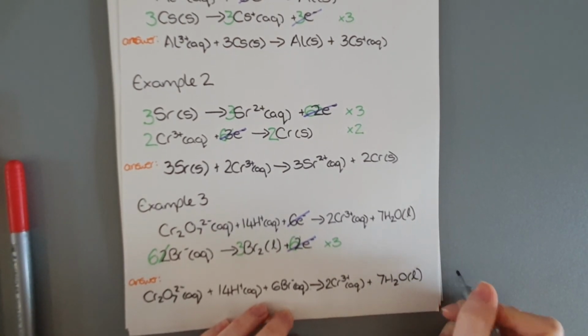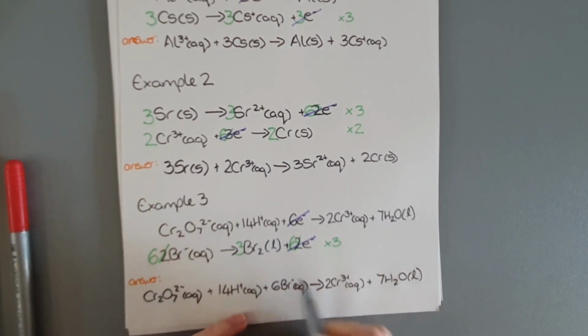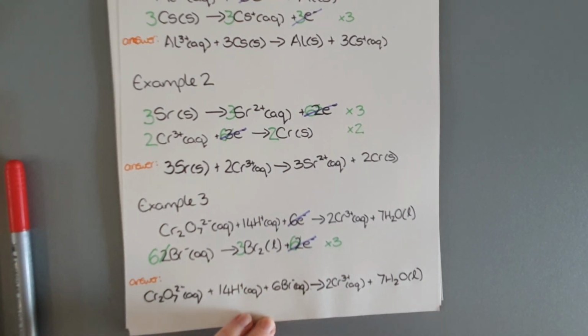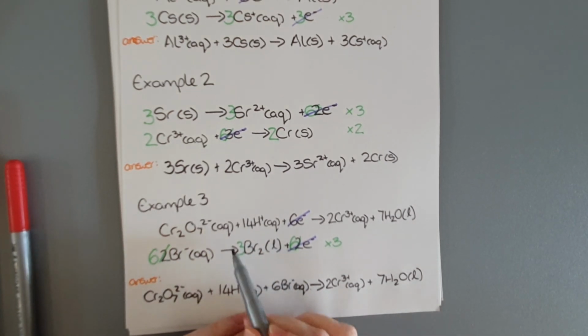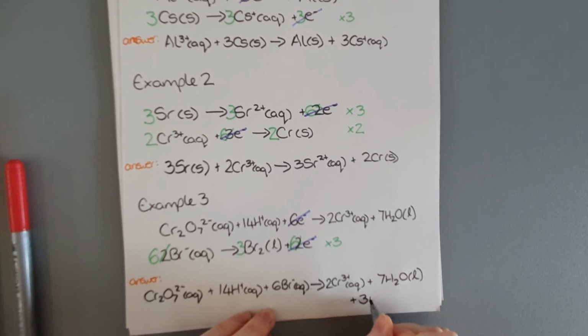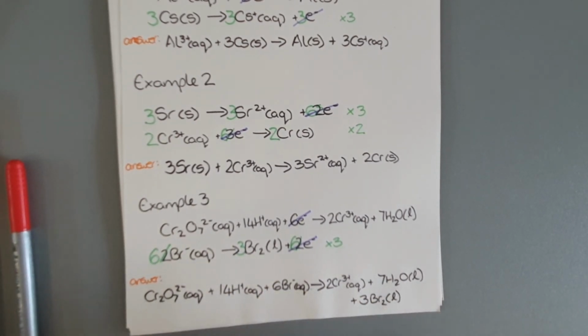Now I've run out of space, so taking what's left, it has to be on the correct side of the arrow, like you would when you're writing chemical equations and word equations. So just write it underneath on the right. So plus 3 Br2 liquids is your final answer for that one.